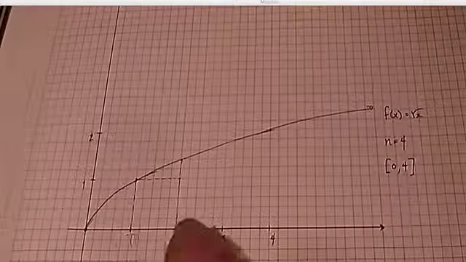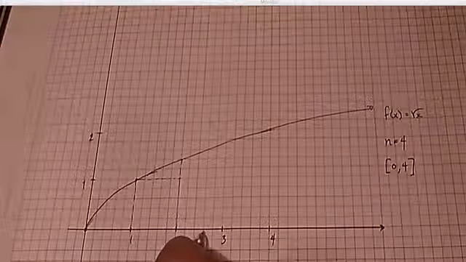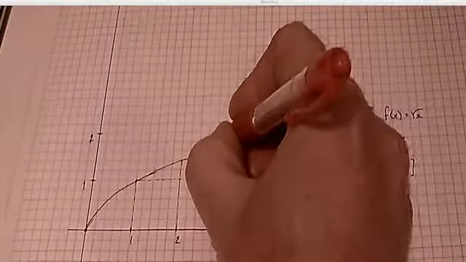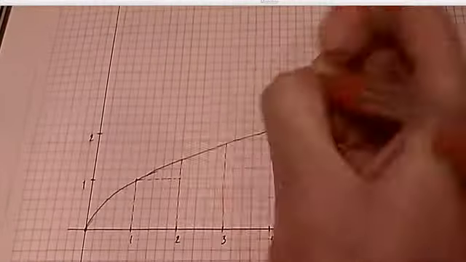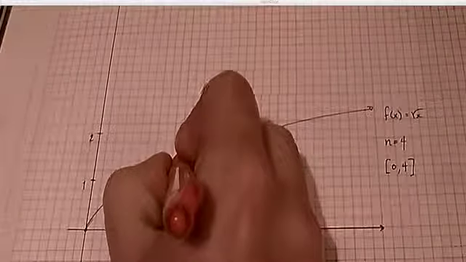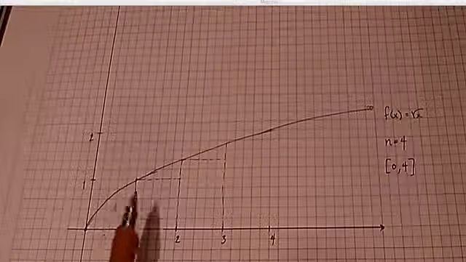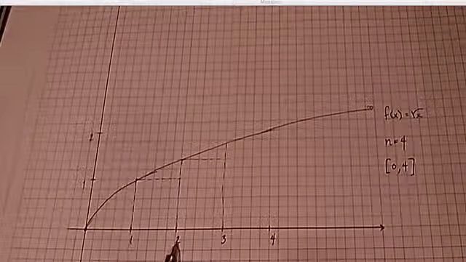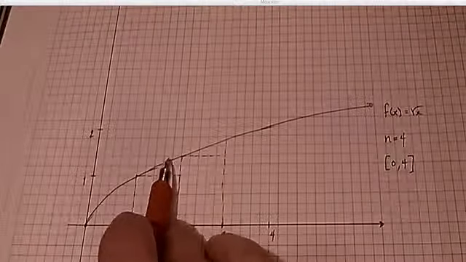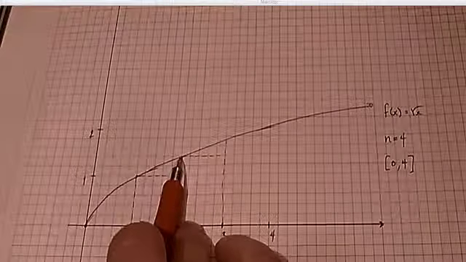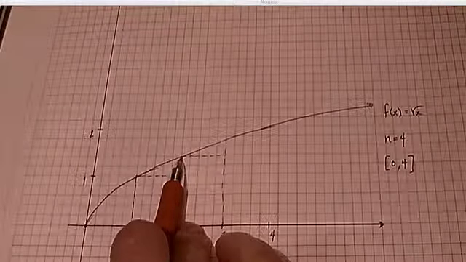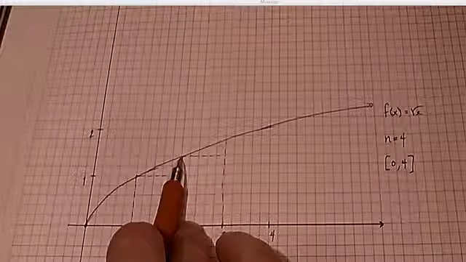Okay? Now, the third interval from 2 to 3 has its height determined by the left-hand function value of that subinterval, which we know, of course, is going to be root 2, right? And actually, I did a pretty good approximation of that. It's going to be 1.414, the approximation we know to 3 decimal places.